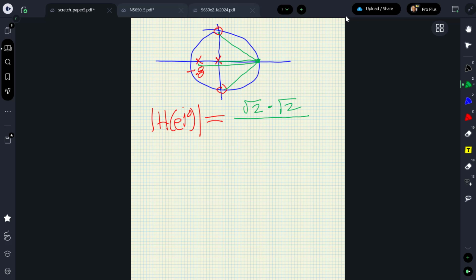And then in the denominator, we have the vector that runs from minus 0.8 to plus 1, so that's going to be 1.8. And then the one that's at the origin is just 1. So that's how you could get the DC gain then of the system for this particular configuration.